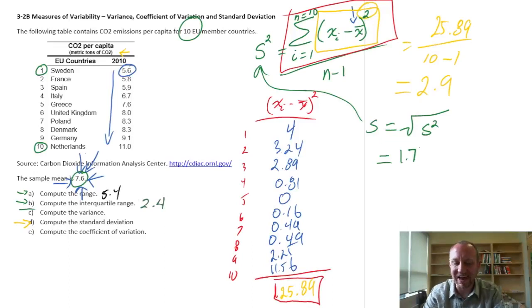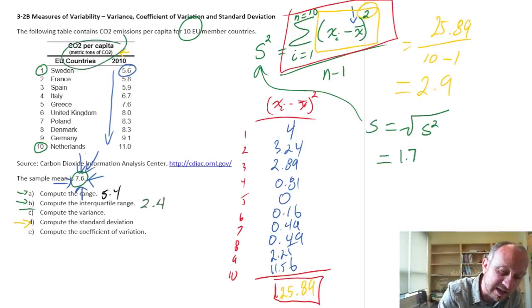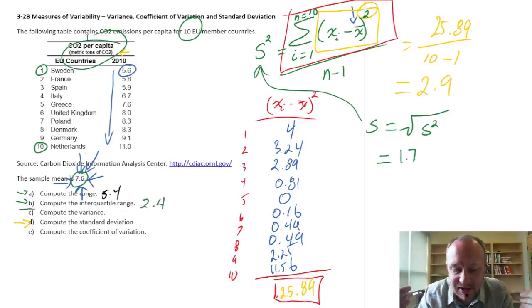So 1.7, this is now measured in the same units as my data. So 1.7 metric tons of CO2 per capita. It's not squared anymore. So again, this is a measure of the spread. On its own, still tough to use because it's primarily useful for comparison across similar data sets.